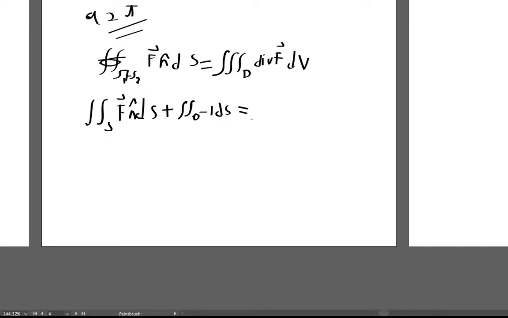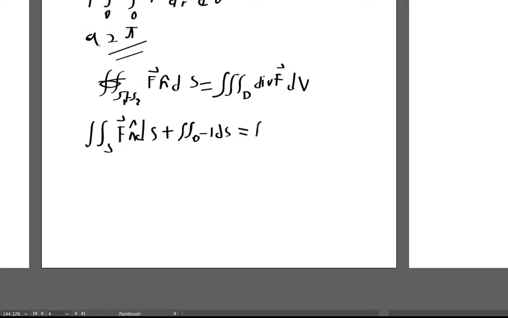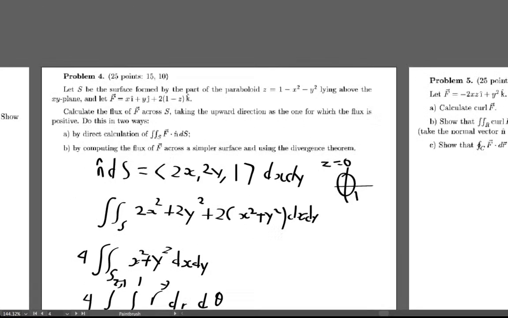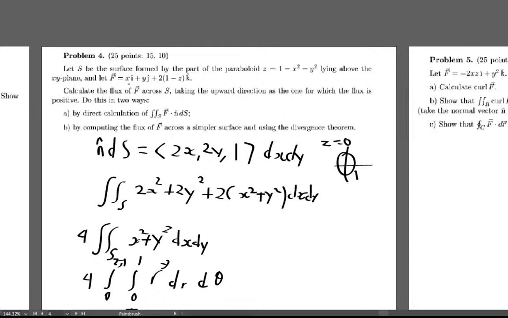And then, what is the divergence of f vector? When you do the entire computation, the divergence is going to be the partial derivative with respect to x for the i hat component, partial derivative of y for the j hat component, and partial derivative of z for the k hat component.